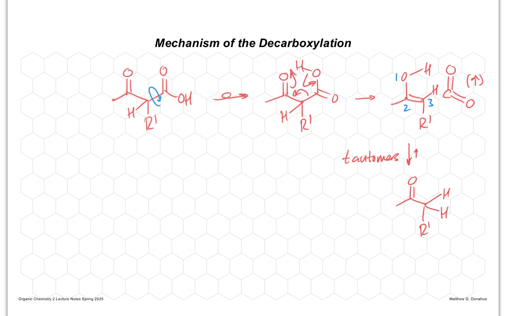So I would say that's a 1-3 relationship from the O to the C. So you can have other like 1-5 type shifts, 1-7, that type of thing.